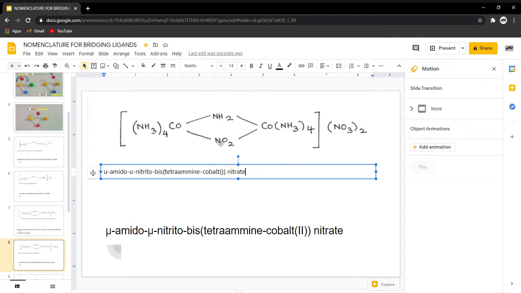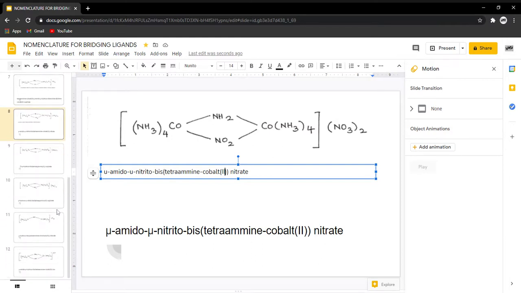So for this, -1, -1, -2, so how many unknowns? 2 unknowns. So 2x minus 2, the charge on the complex is plus 2. So 2x is equal to 4, so x is equal to 2. That's all. Very simple. Okay. Mu amido, mu nitro, bis tetraamine cobalt(II) nitrate.